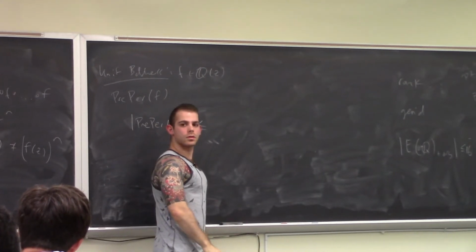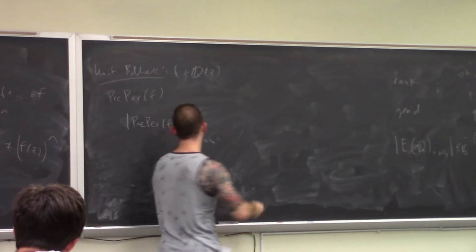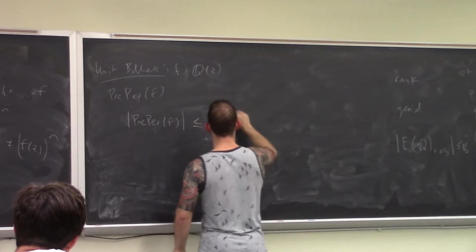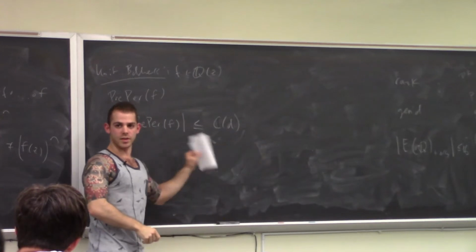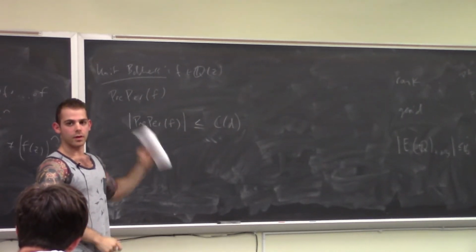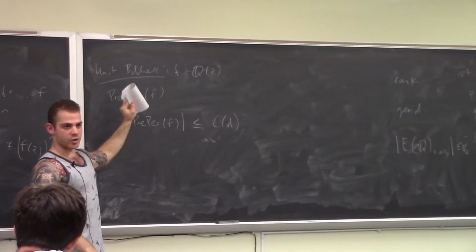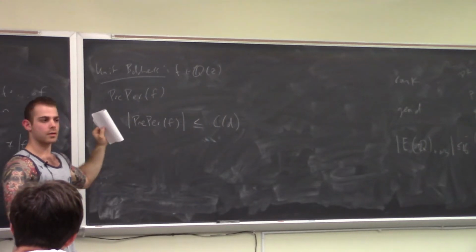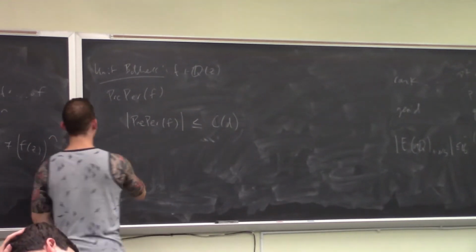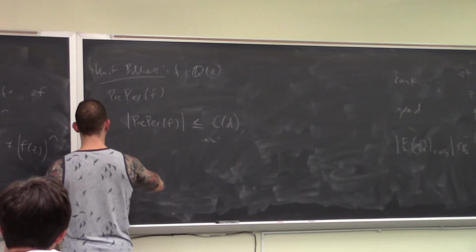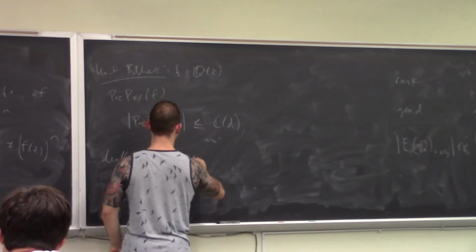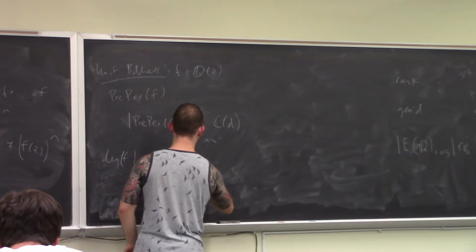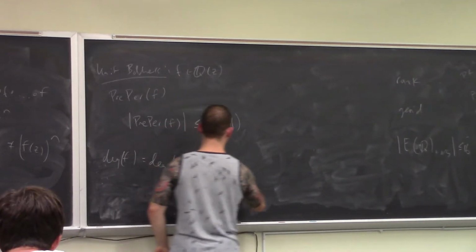It's bounded by a constant that depends only on the degree of the rational function. This conjecture is more general, but by degree I mean the degree of f, which is the degree of, say, p(z) over q(z).